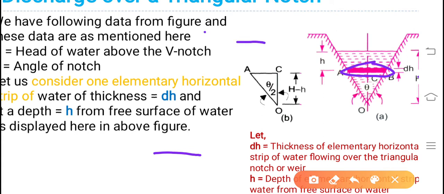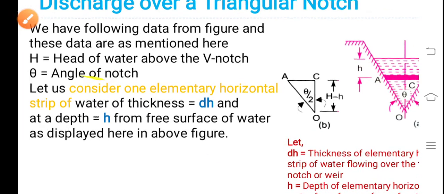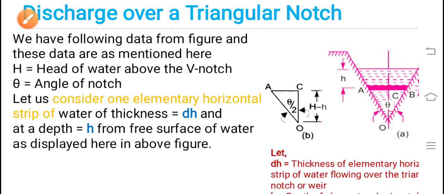Head of water above the V notch is capital H. Let us consider one elementary horizontal strip of water of thickness dh and at a depth h from the free water surface, as displayed here in the figure.